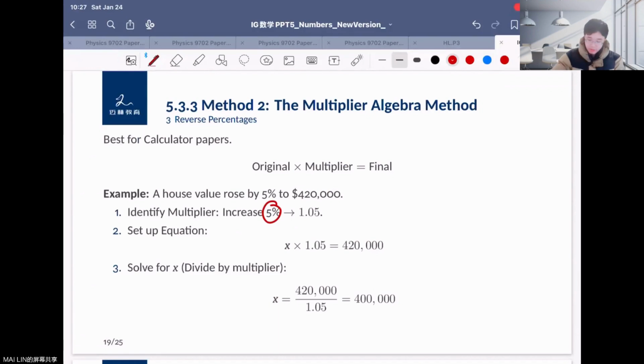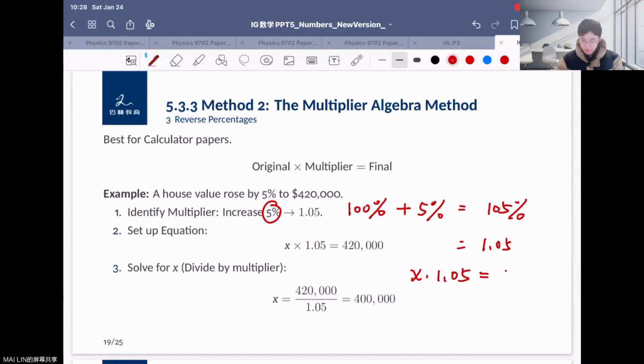The original price is 100%, plus 5% is 105%, which as a decimal is 1.05. So the original price is X, times the multiplier 1.05 equals $420,000, and then X equals 400,000. That is the original price. I guess it's not very difficult for you.